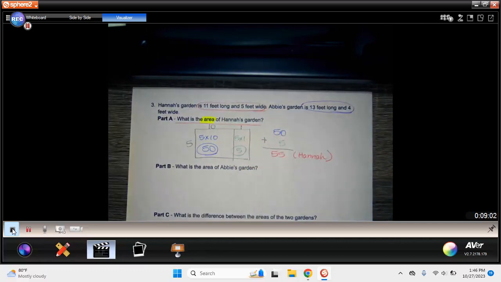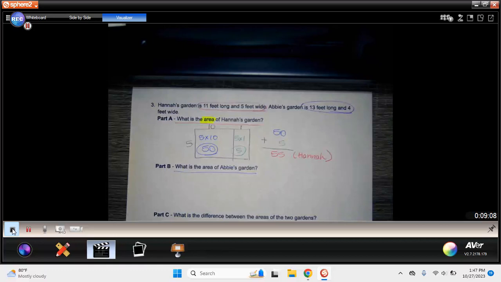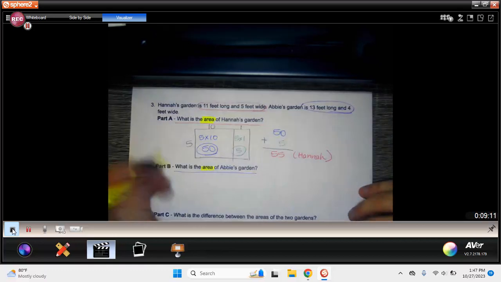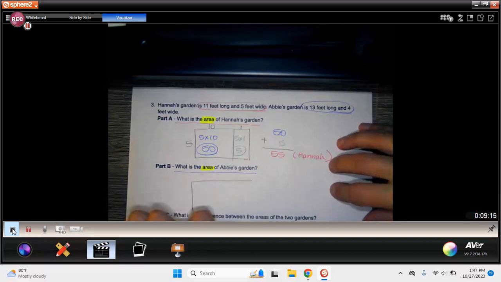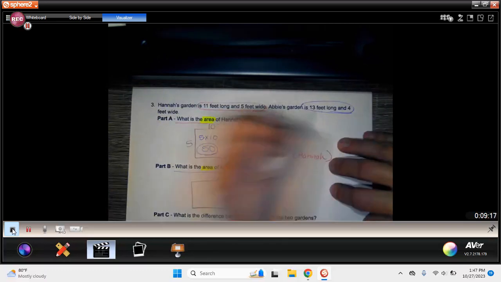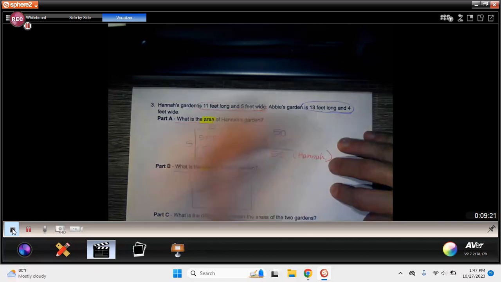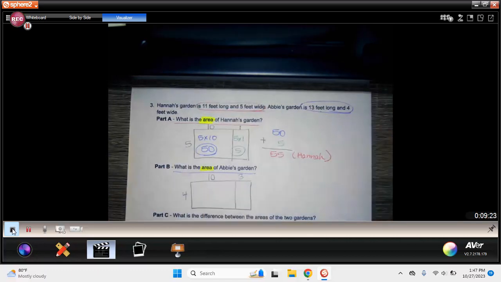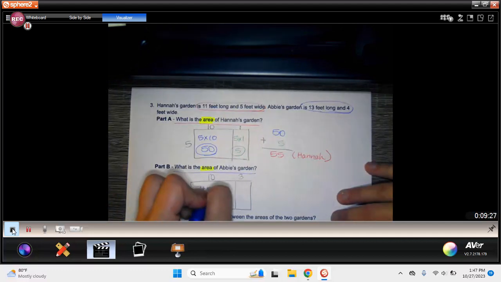Now I need to find the area of Abby's garden. That's the question. What is the area of Abby's garden? I take area, and we're going to do an area model multiplication. Abby's garden is 13 feet, 10 and 3 is 13, times 4 feet. I'm going to distribute this out. This 4 is distributed to the 10. 4 times 10 equals 40.